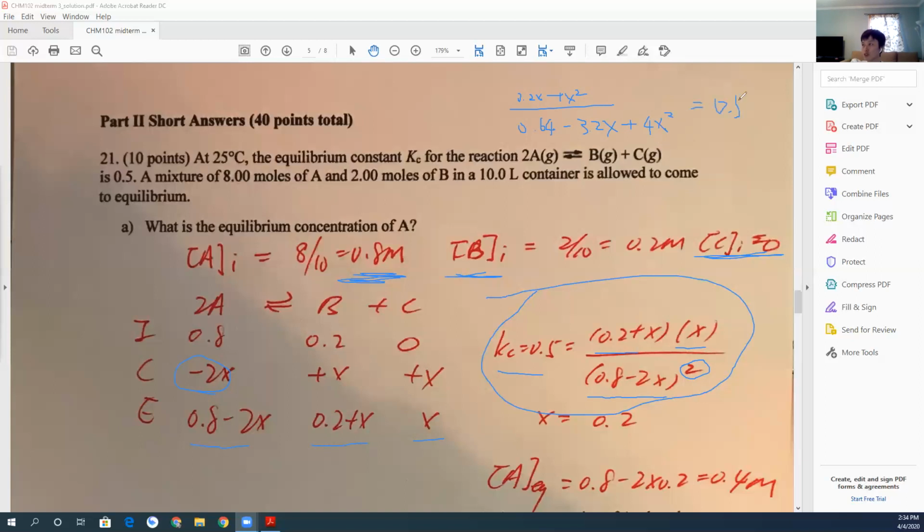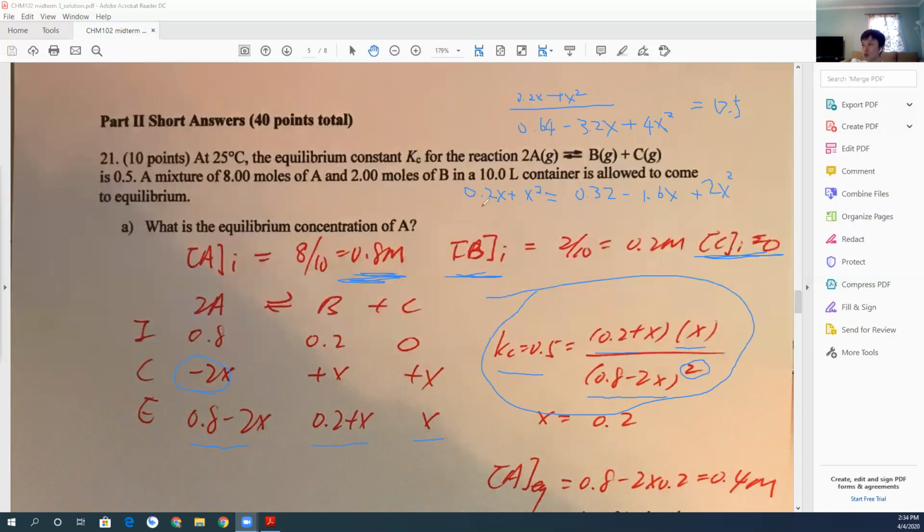And some of you forgot to multiply by 0.5, right? So you can move the denominator to the right-hand side, so you multiply all of that by 0.5, so the equation becomes 0.2x plus x squared on top, the numerator is the same. On the right-hand side, 0.64 times 0.5 is 0.32, then minus 1.6x plus 2x squared.